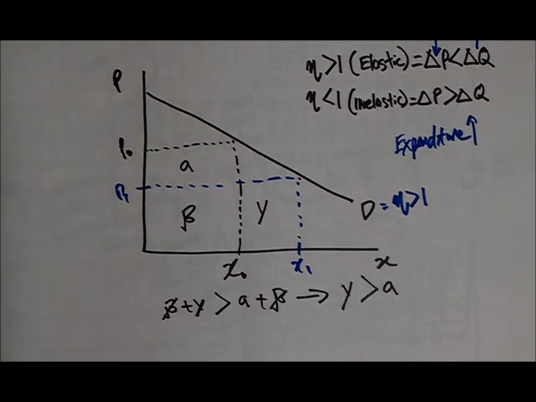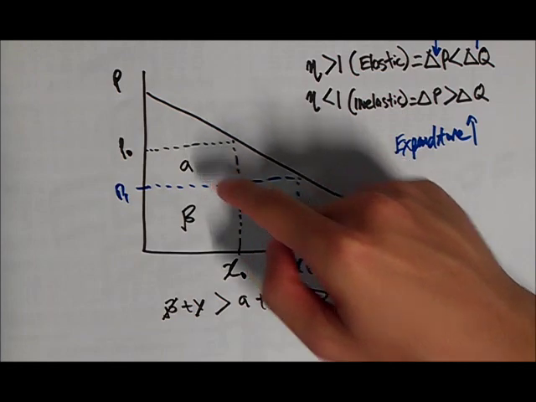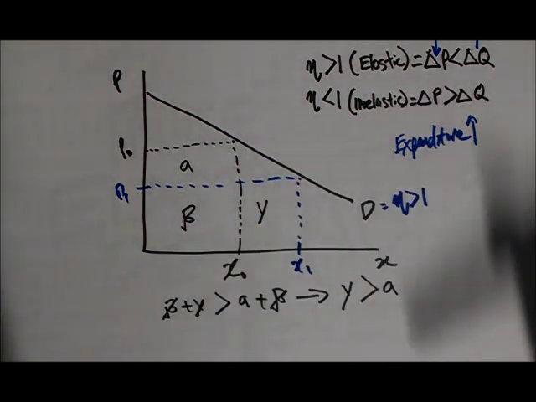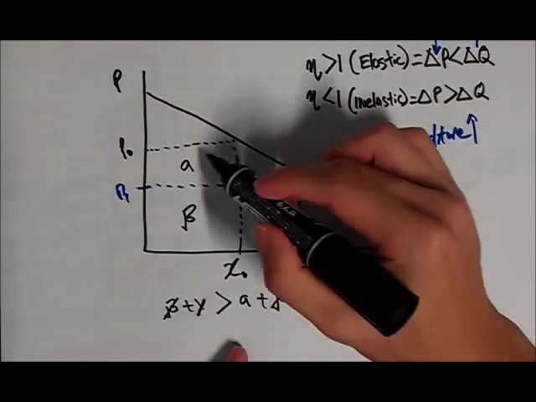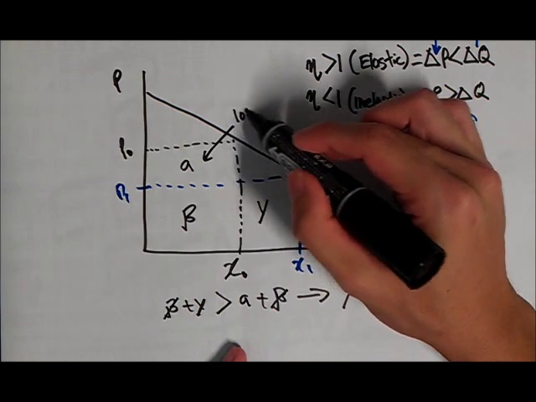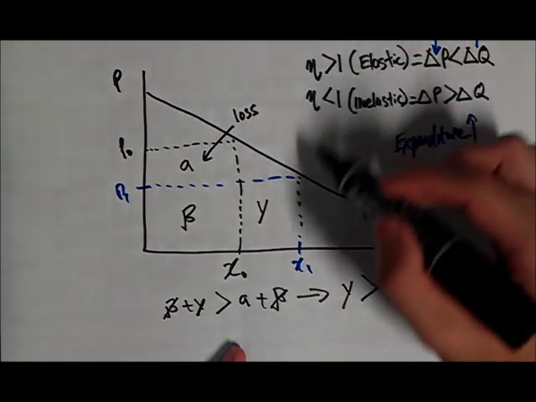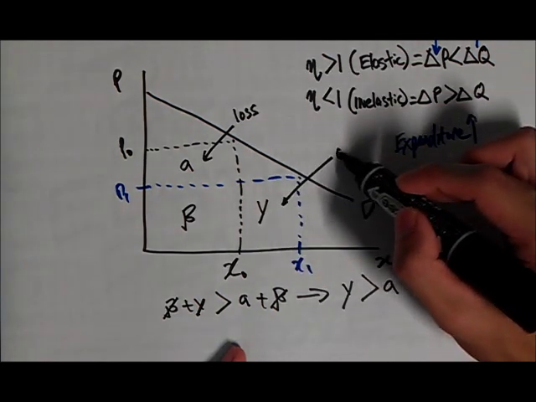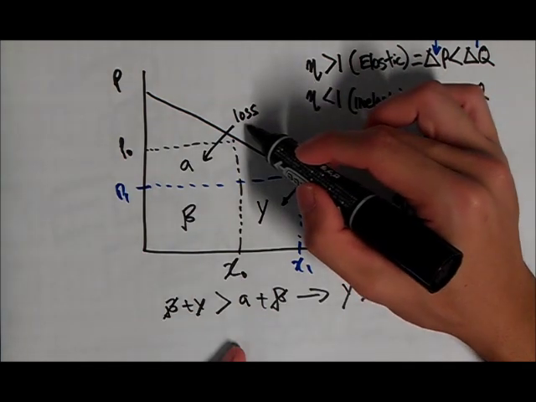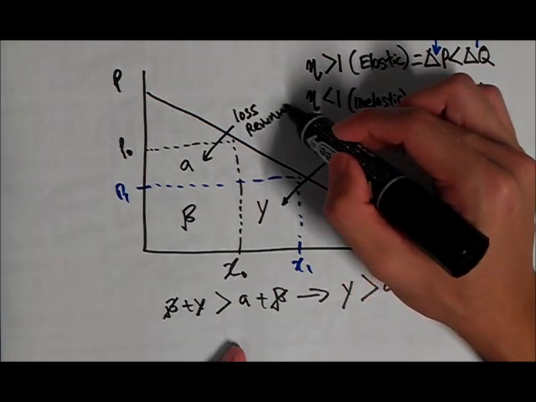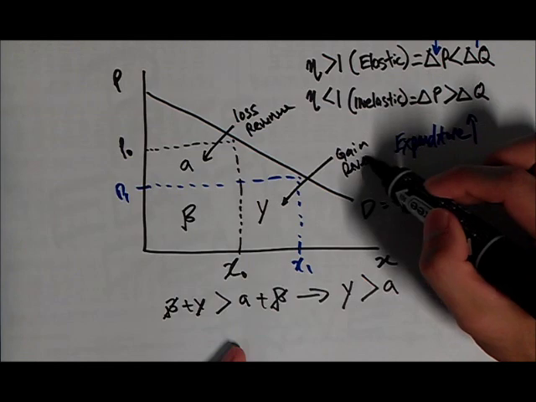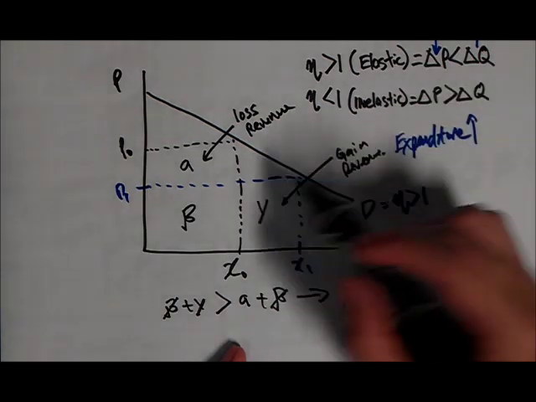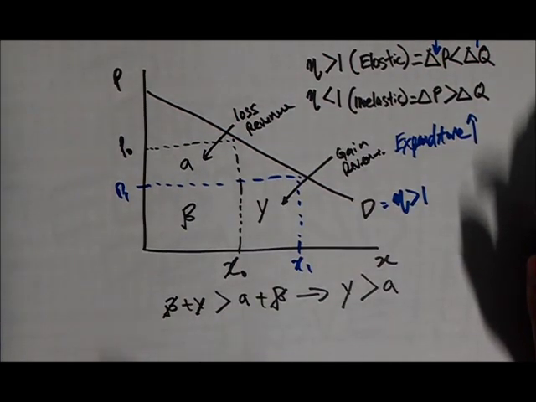So now let's take a look at how to prove this. Alpha is the loss in revenue, and this is the gain in revenue. How do we calculate the loss in revenue?